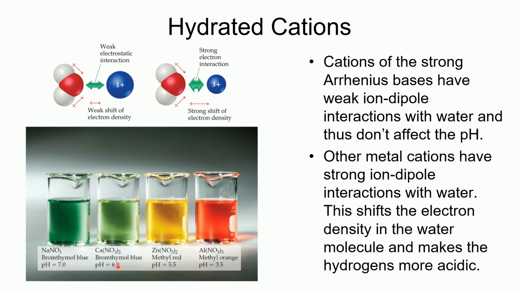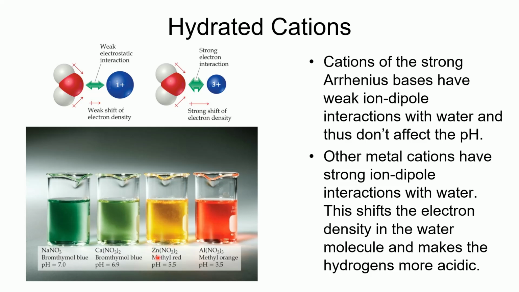Just to give you some perspective on this, the water that comes out of your tap will be perfectly normal and perfectly safe anywhere from about a pH of 5 up to a pH of 9. So a pH of 6.9 is hardly anything as far as a difference from normal.